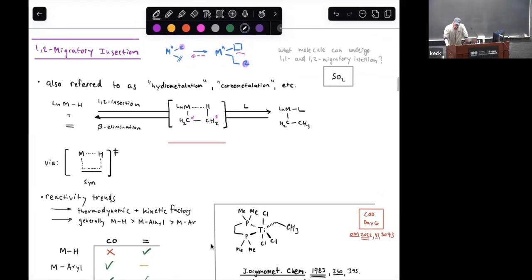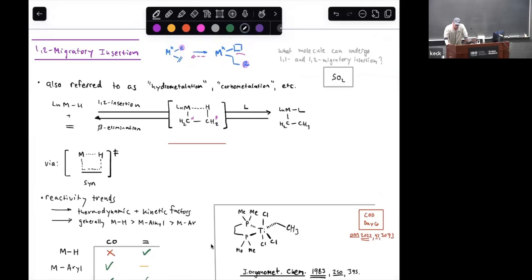There's some nomenclature here that's worth commenting on. Depending on what the migrating group is, let's say it's a hydride, this process will sometimes be referred to in the literature as hydrometallation. If it's a carbogenic substituent, an aryl or alkyl, it's sometimes referred to as carbometallation. These are both a subset of migratory insertion, but in some ways less specific mechanistically.